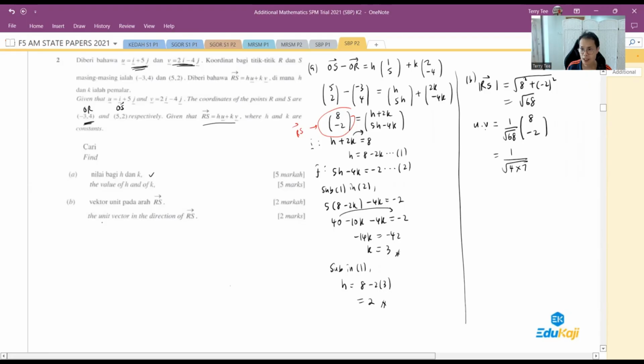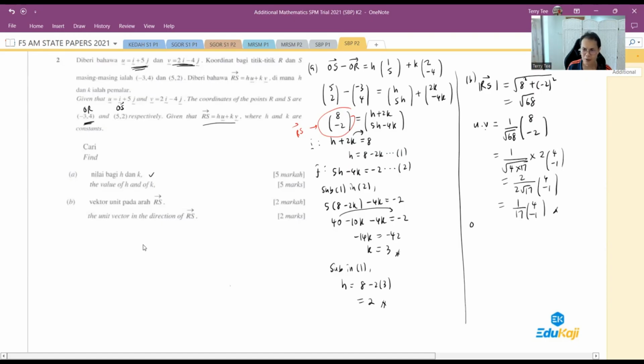And at the same time, this vector 8, minus 2, you can actually factorize the 2, giving 4, minus 1. So this will give us 2 over 2 root 17, times (4, minus 1). As I simplify, I get 1 over root 17, times (4, minus 1).